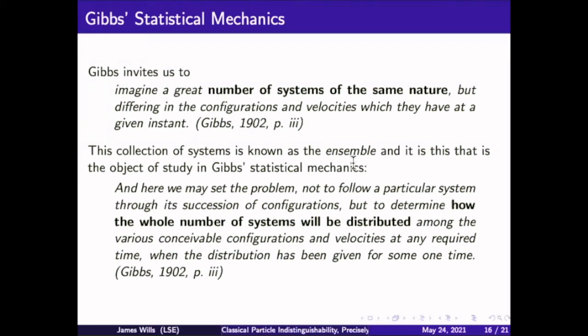We're interested in how a distribution of systems over these configurations changes with time. But this is going to turn out to be, rather, the probability distribution over the configurations, and that is the main object of study in statistical mechanics.